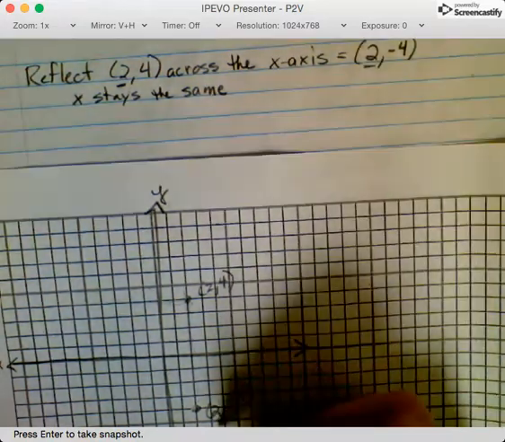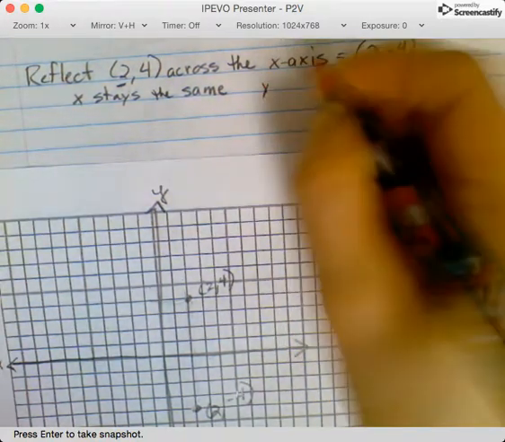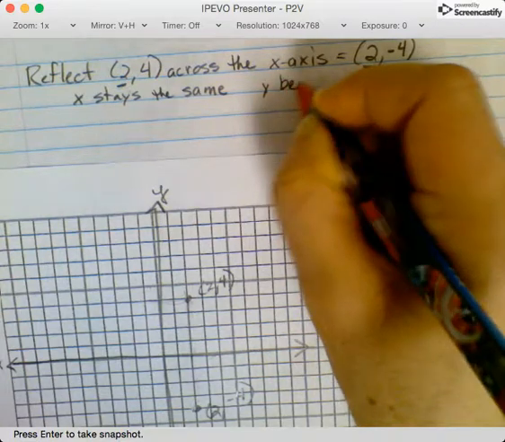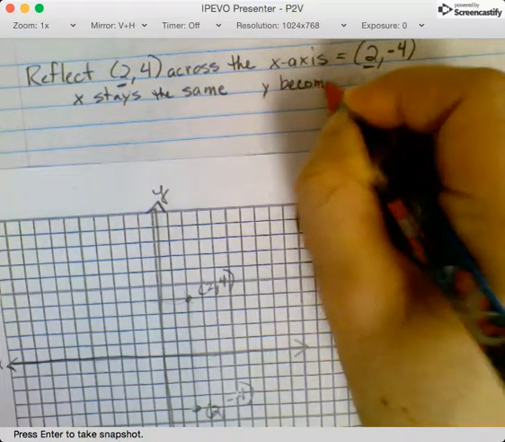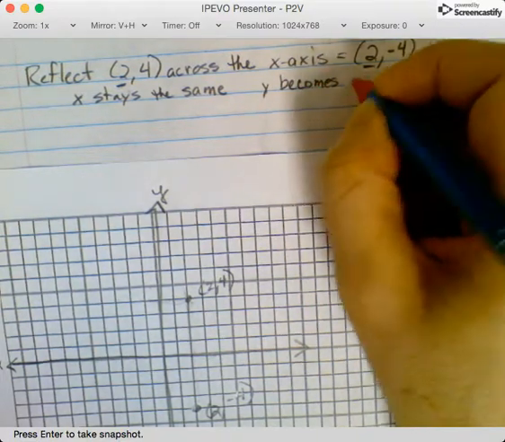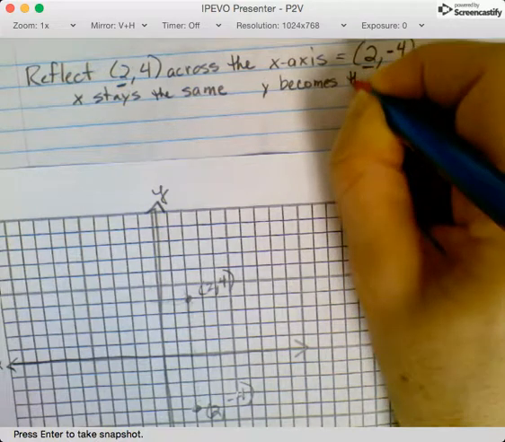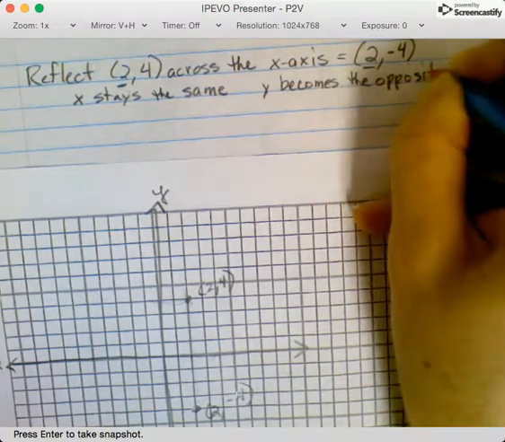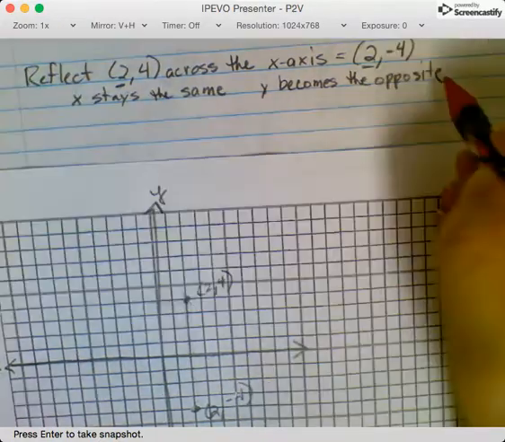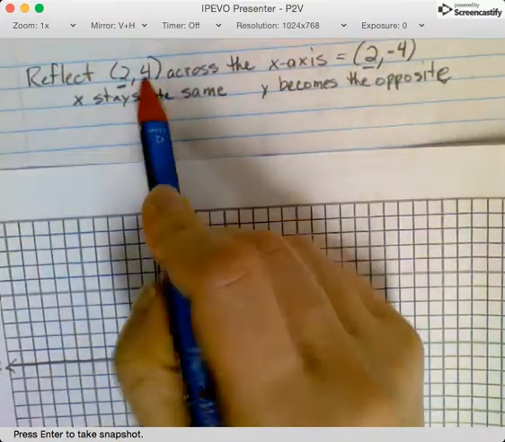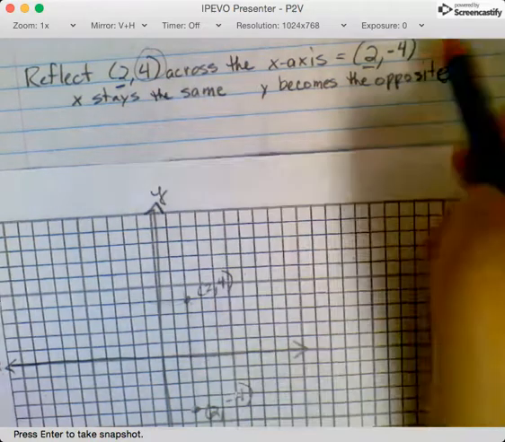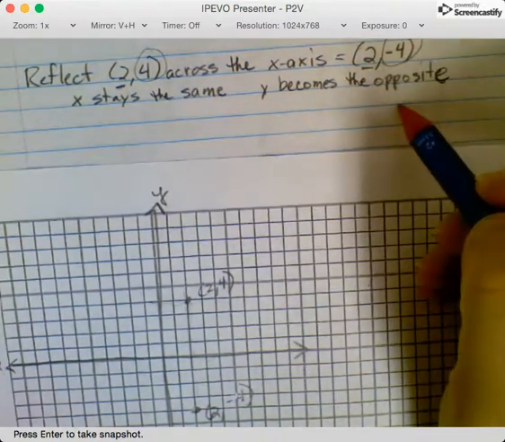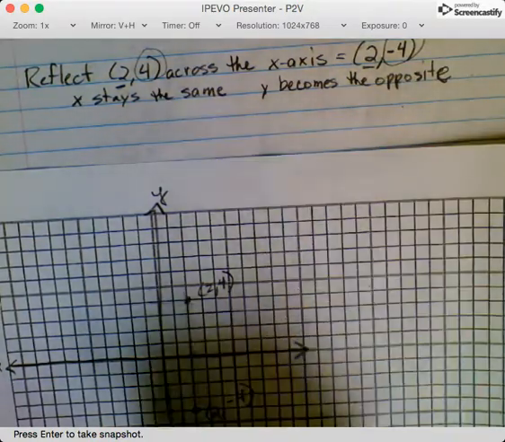The one that changes, though, the y, becomes the opposite. So that would be the second number. That means you just changed the sign. So on this one, it was positive 4, and this one, it's negative 4. Okay, so let's do another one.